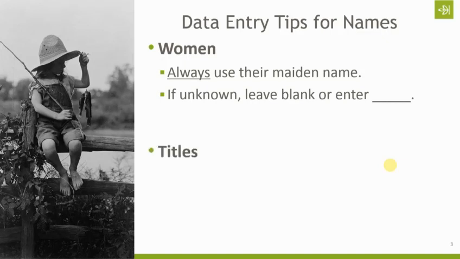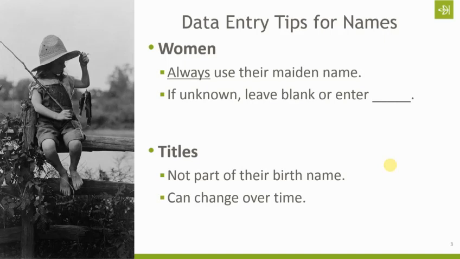Now, the last topic I want to talk about around this idea of names is titles. One of the things to remember is that most people are not born with titles, and so you're not going to include it as part of their name because it is not part of the name that they were born with. No one is born a reverend or a doctor or a colonel or whatever the case may be. So there are ways to handle that. The other thing is that some of those things can change over time.